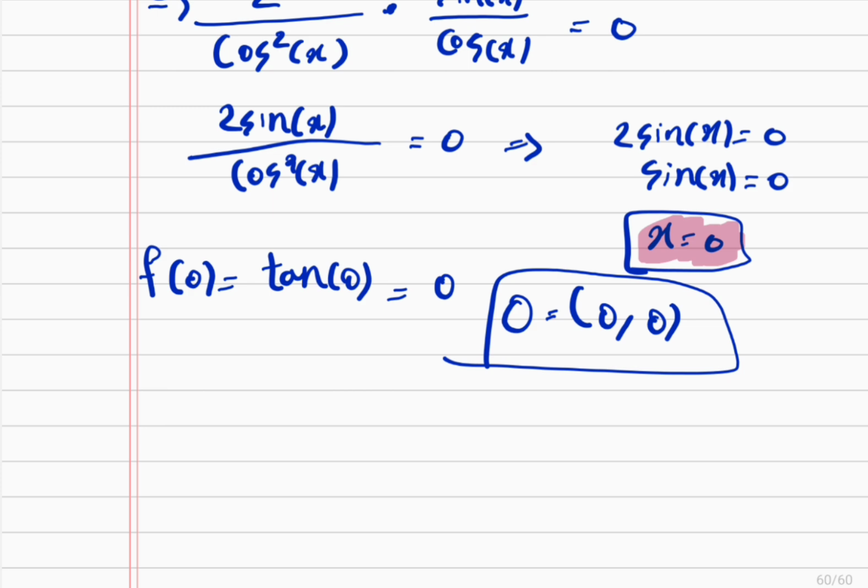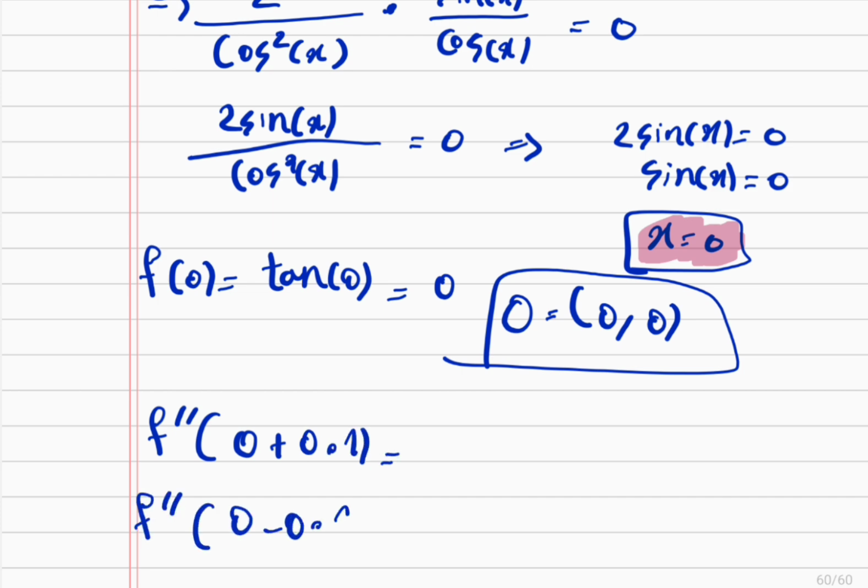So now what we do here is that we know that x is equal to 0. So what we want to find is f double dash of 0.1 and also f double dash of minus 0.1. The reason is that we want to know the behavior of the second derivative just before and just after the x coordinate of the point of inflection.